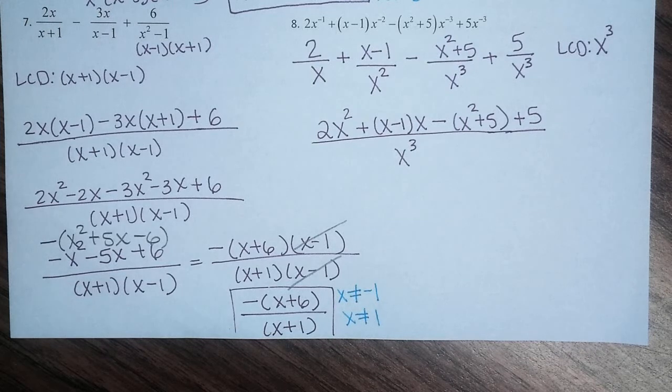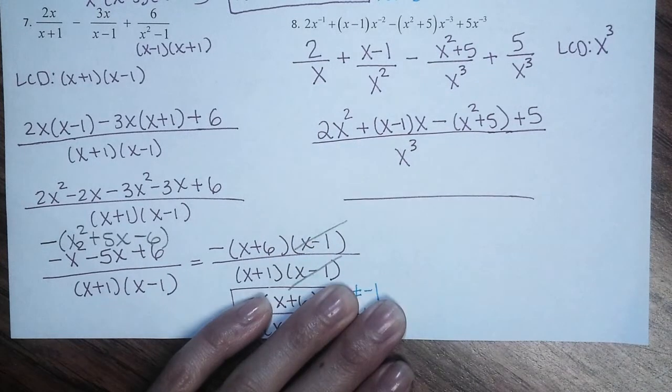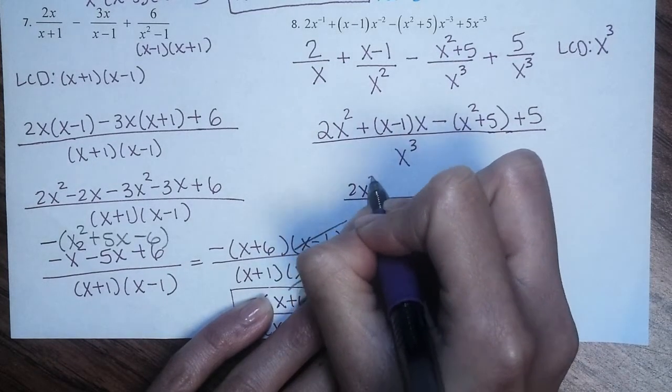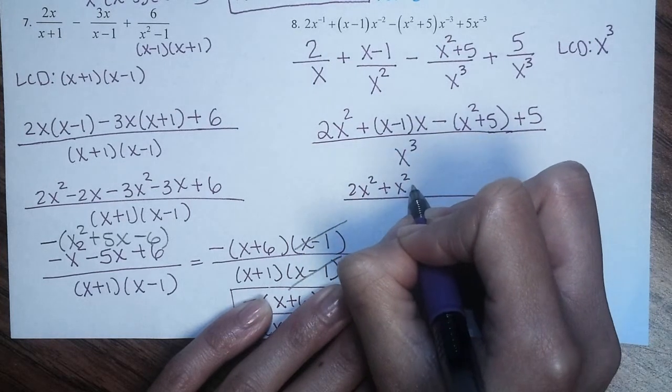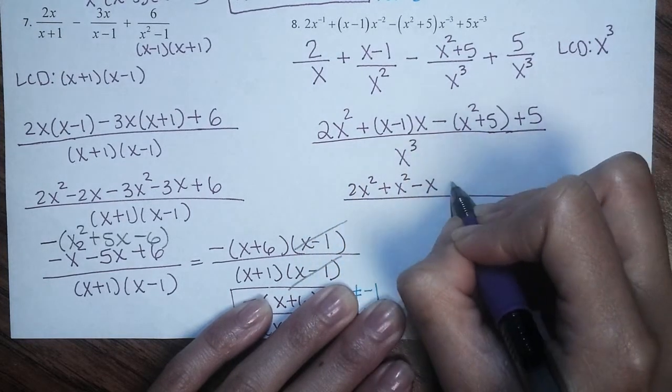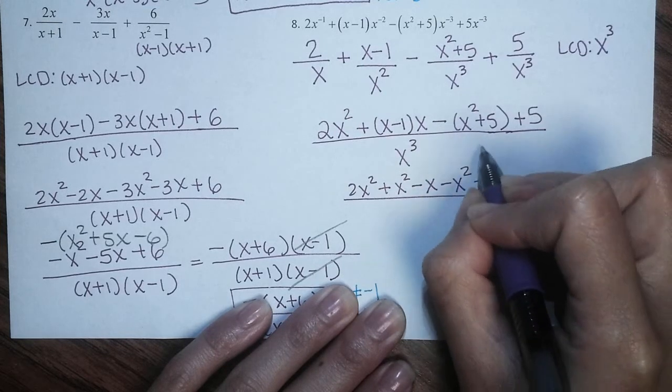Now you just simplify the numerator. So let's simplify this mess. 2x squared plus x squared minus x squared minus 5 plus 5.